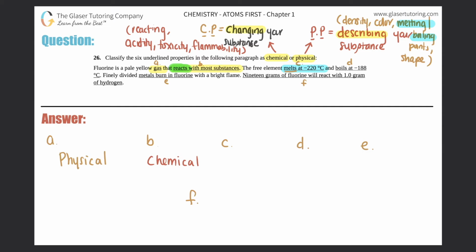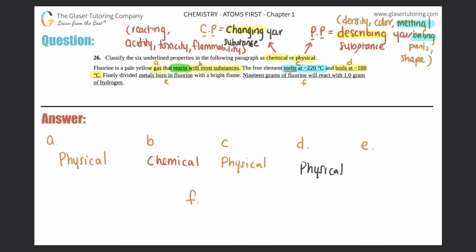That's the difference. So melting would be a physical property. So letter C is physical. And it boils at negative 118 degrees Celsius. So boiling point, just like melting point, is also a physical property.